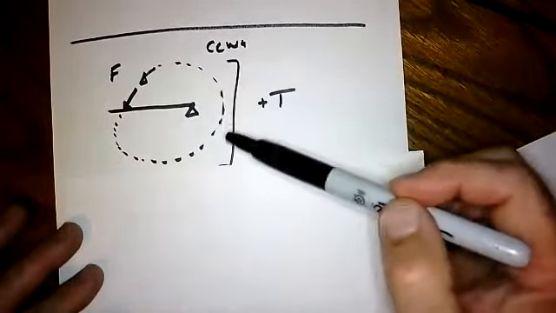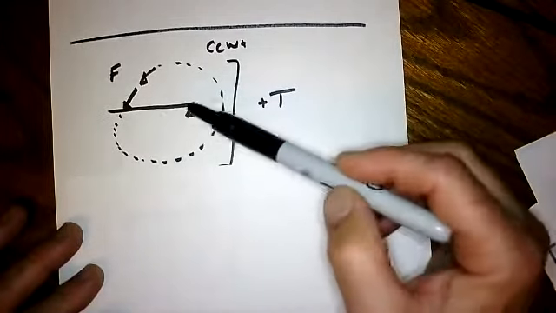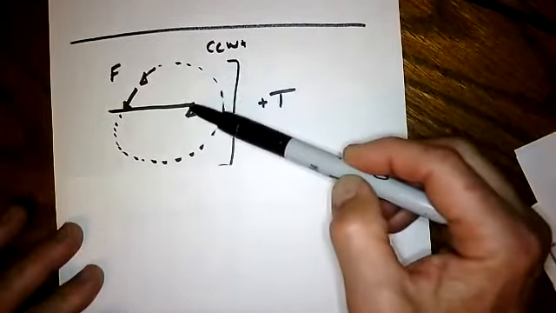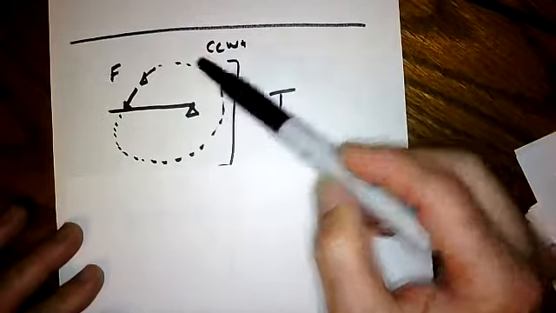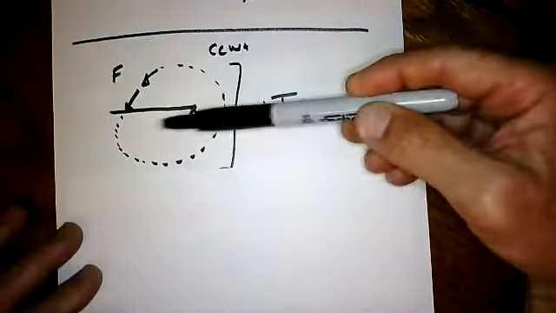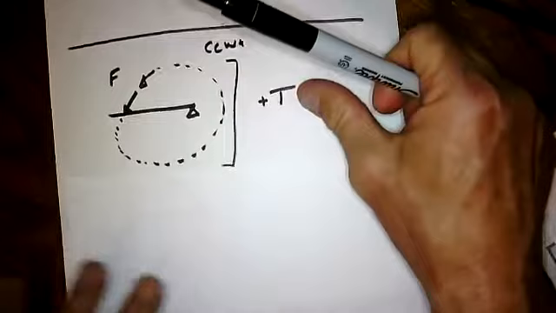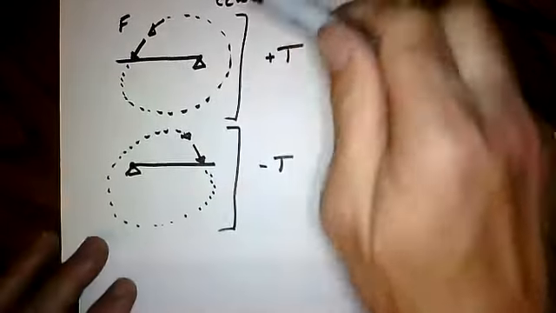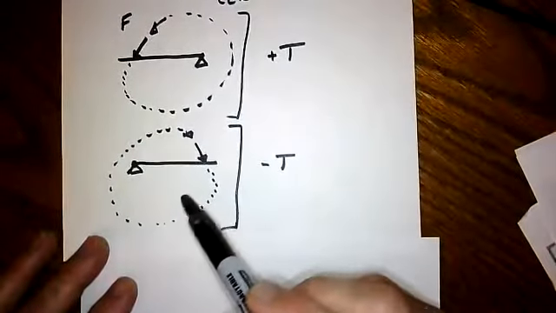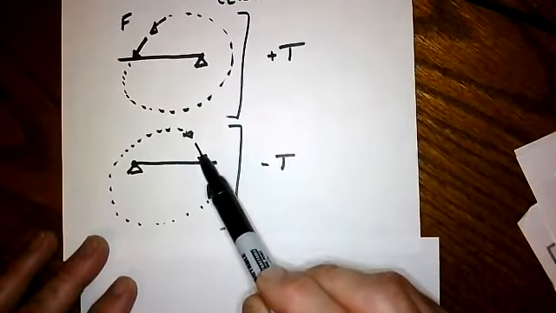The math of that all works out, and that's all correct. The limitation with this simple approach is if we're looking at the other side of this lever. Rather than looking at the lever from this side, let's pretend we can go inside the paper and look at the lever from the other side. What we would see is the same situation, just from the opposite side. Here's the axis of rotation, the lever, here's the same force.